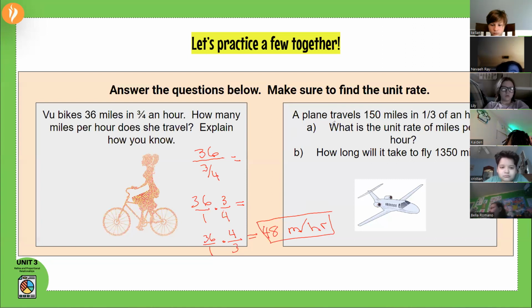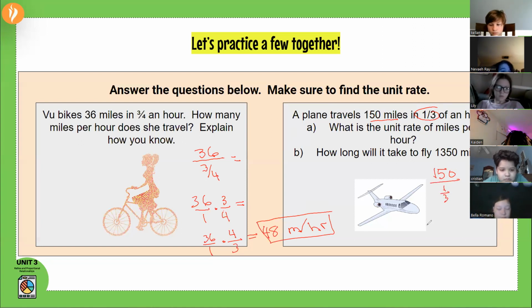All right, what about the plane? The plane travels 150 miles in 1/3 of an hour, right? So we're going to have 150 divided by 1/3. So what does that look like? 150 divided by 1/3. And in other words, what are we going to do to divide fractions?